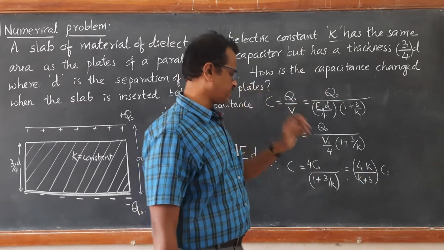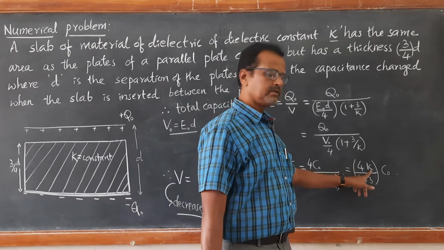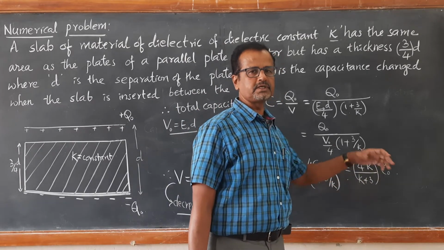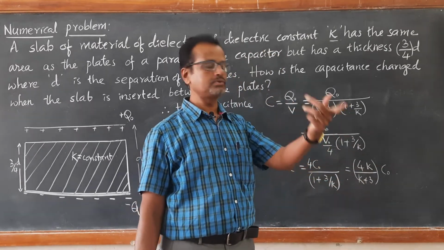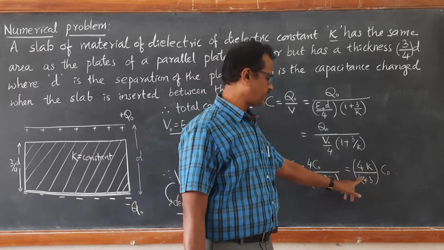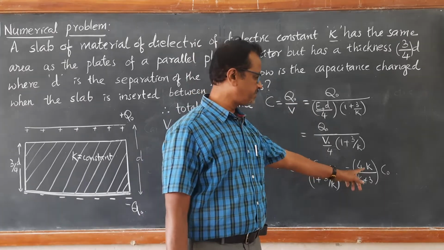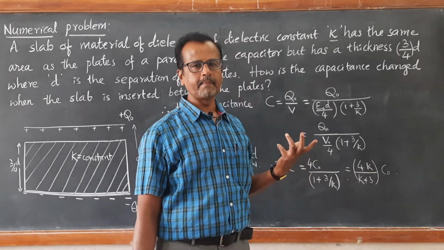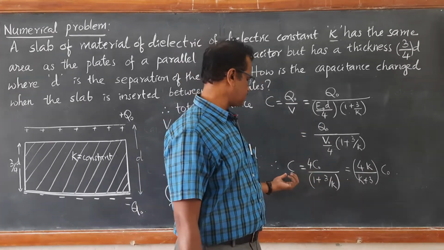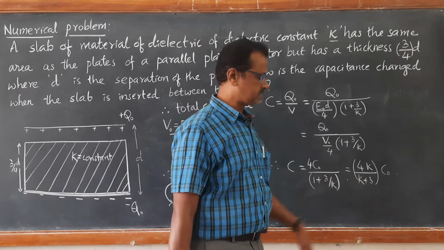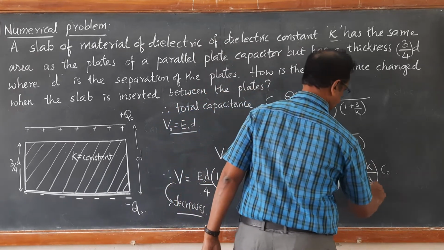Even if you just take k, the dielectric constant, as 2, it becomes 4 times 2 divided by 5, which is 8 divided by 5, and that is greater than 1. Thus capacitance increases by this factor.